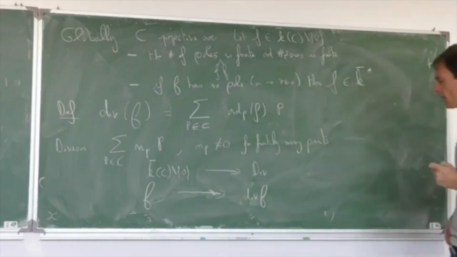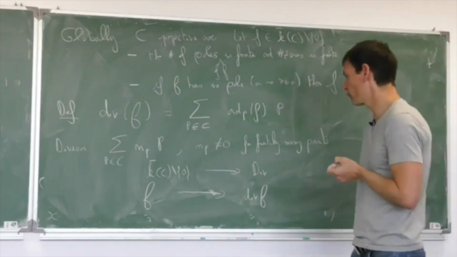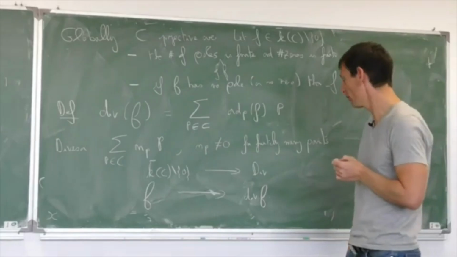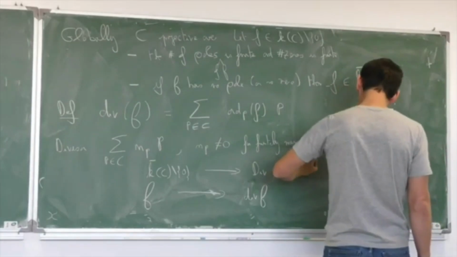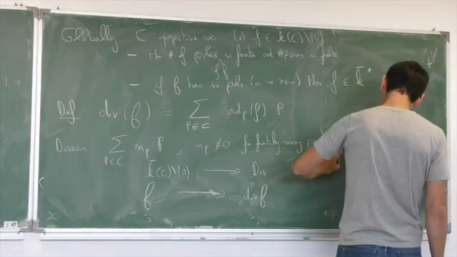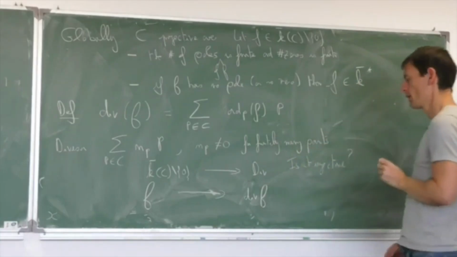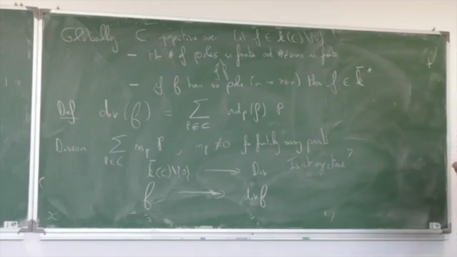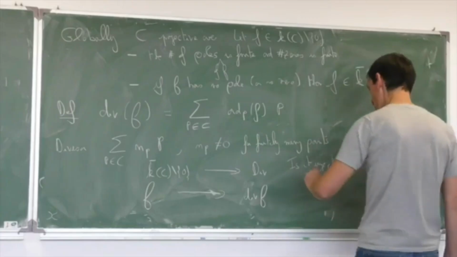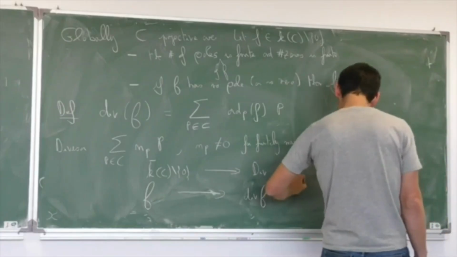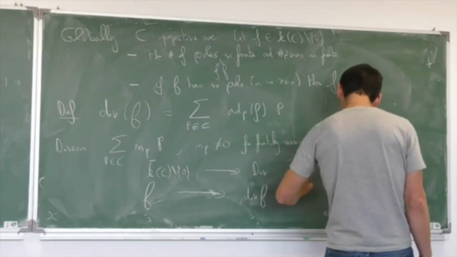Well, when one has a map, one always has the same kind of questions. Is this map, for instance, injective? The answer is almost. And you can prove it in the following way. I leave it to you as a quiz.